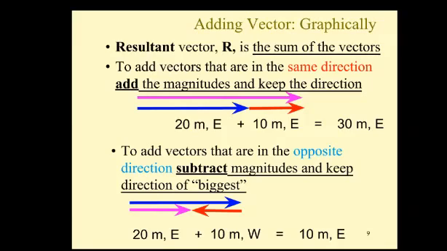So it's like we're just taking the 10 away from the 20 meters. Those two methods are very easy, and again, the graphical method doesn't help a whole lot.